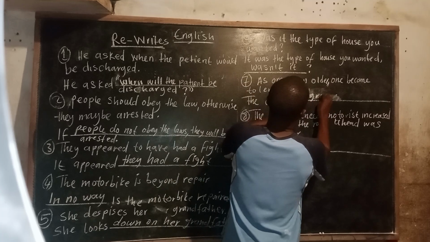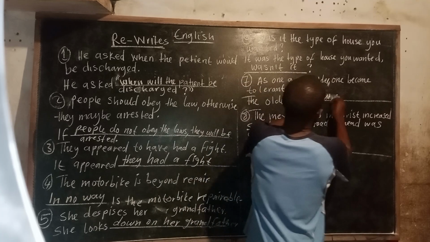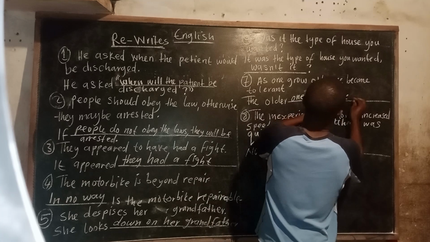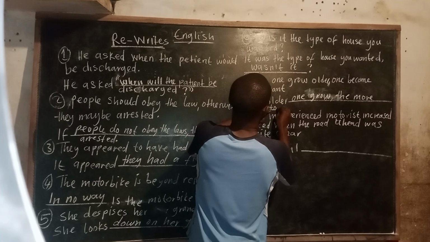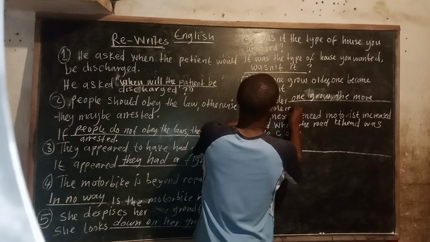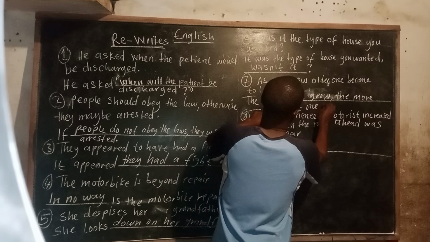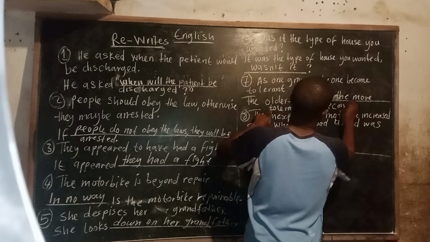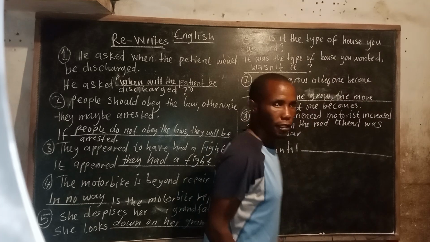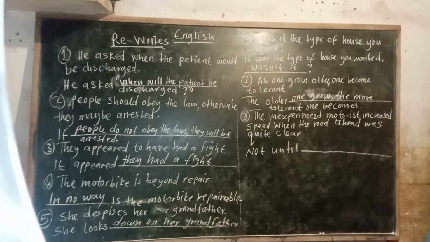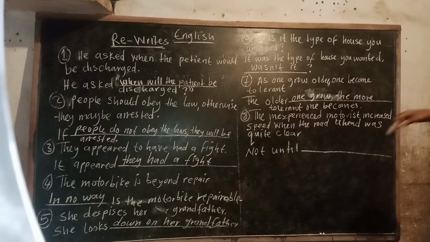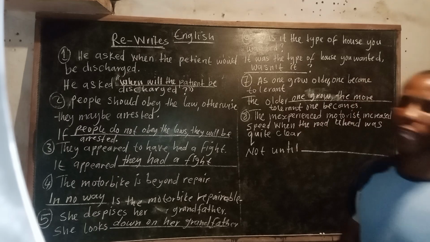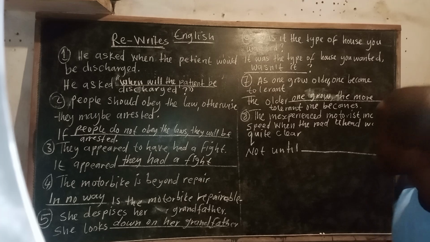The older one grow, the more tolerant one becomes. Okay, so that's what it means. When you say as one grow older, one become tolerant, then they've started for you. The older one grow, the more tolerant one becomes. Okay, that is how we are going to write.